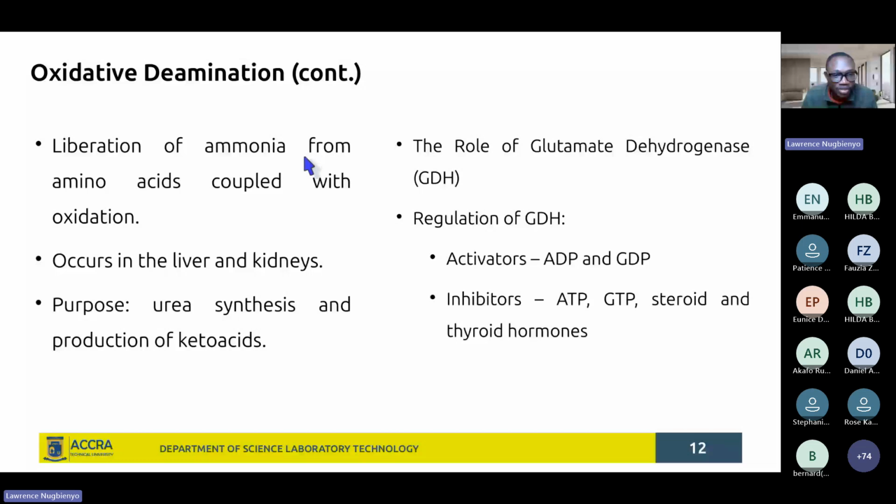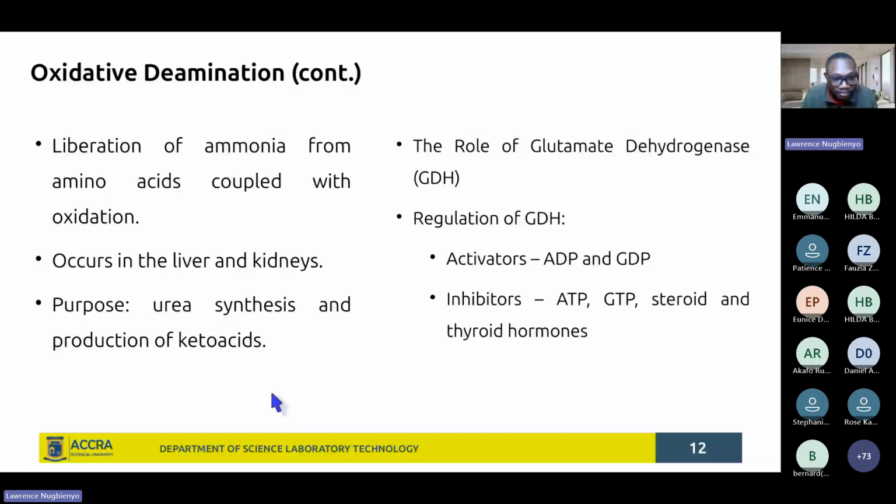So if you have oxidative deamination of these amino acids occurring in the liver, in the end, those amine groups go into the synthesis of urea, which then goes into the synthesis of urine in the kidneys, and then gets excreted out of the body.